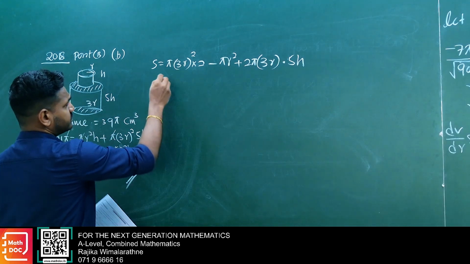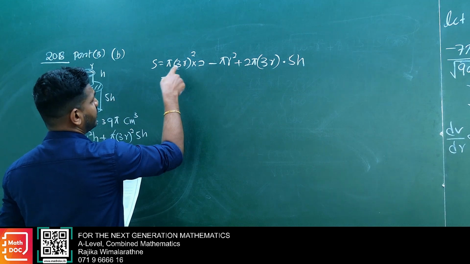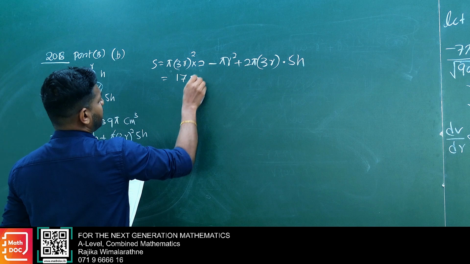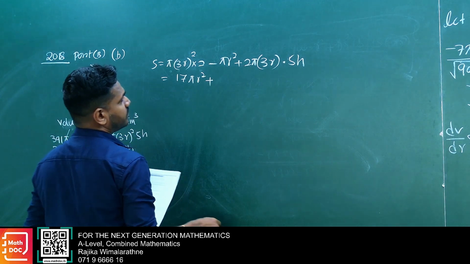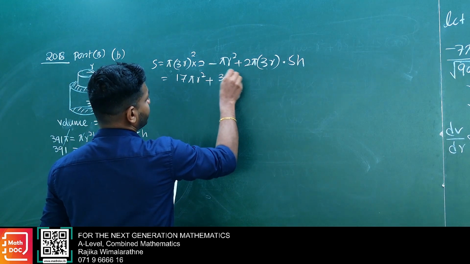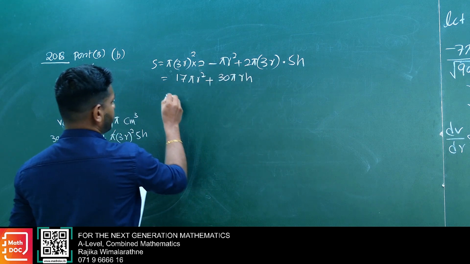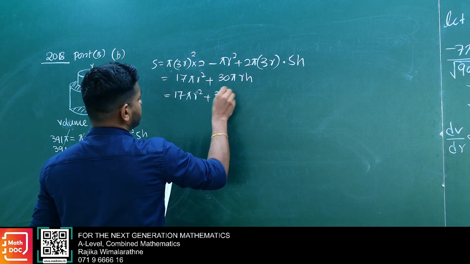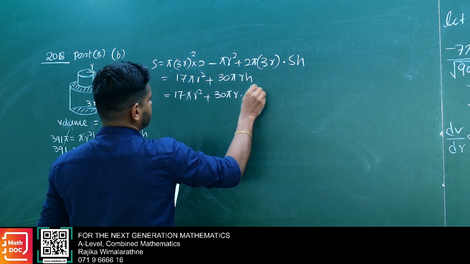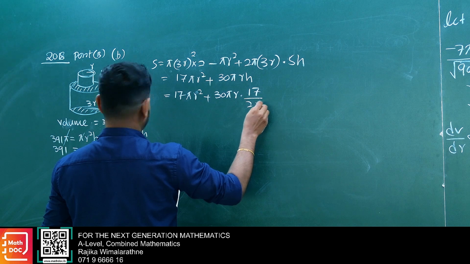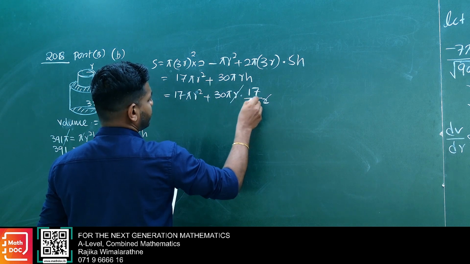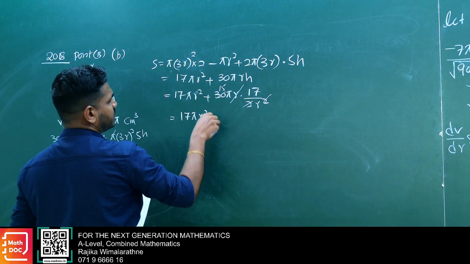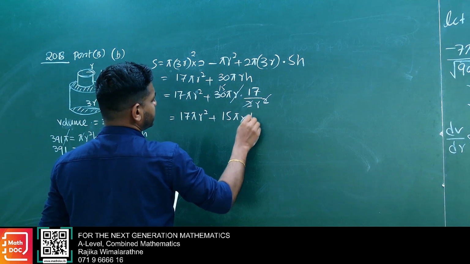Now simplify. Here 9, 18, 17. 17 pi r squared plus 35 r h. 17 pi r squared, 35 r h, 17 divided by 2 r squared.